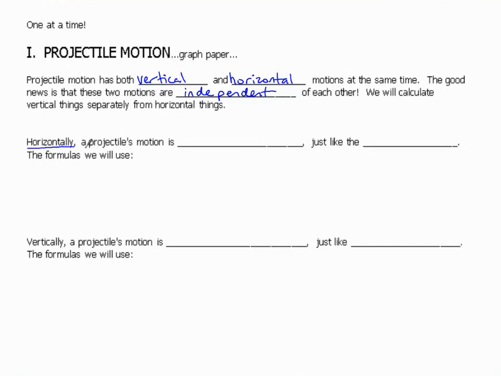So horizontally, a projectile's motion is uniform motion. Uniform motion tells us a couple of things. Number one, no net force. No net force means no acceleration, which means that the horizontal velocity, Vx, is constant.